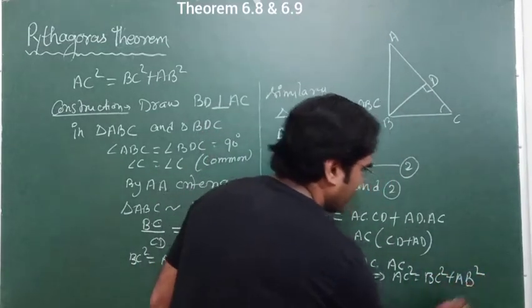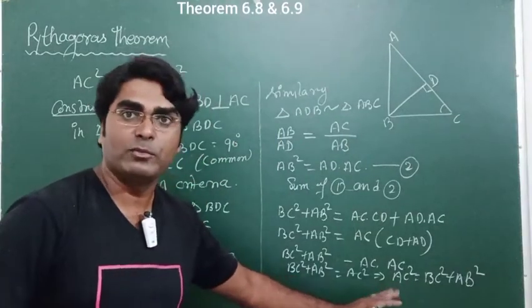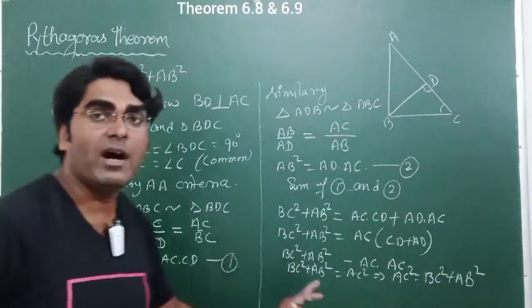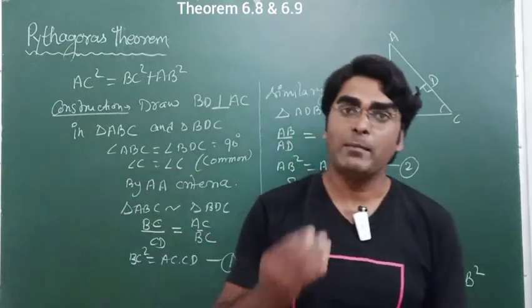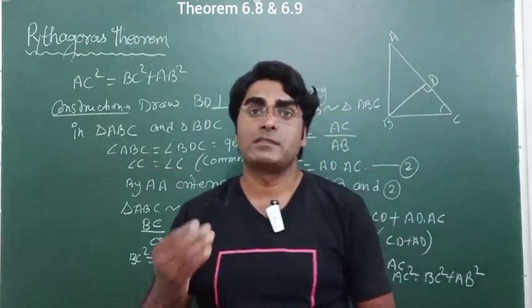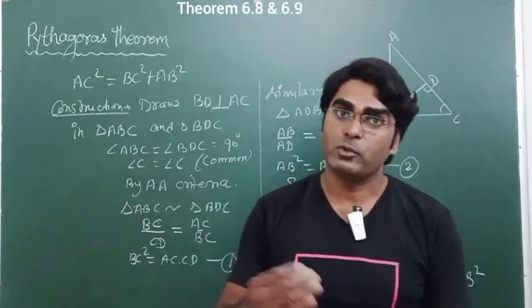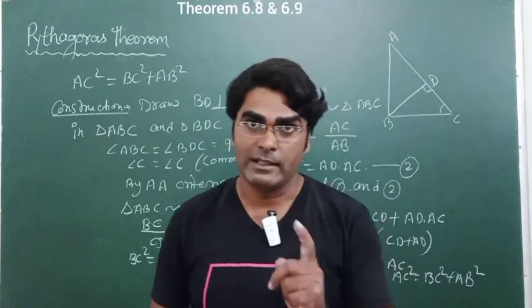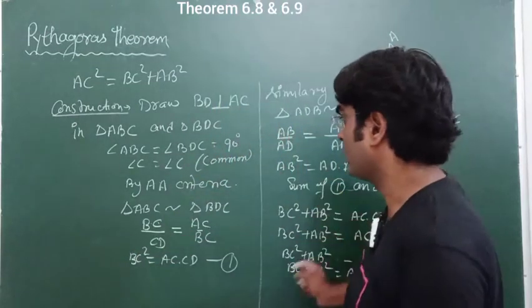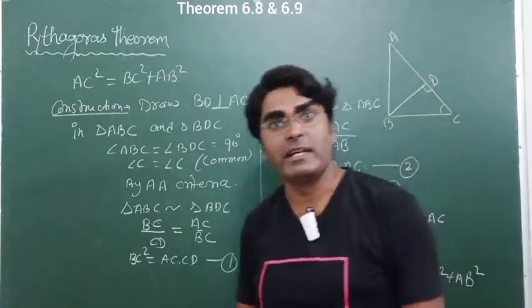So this is the theorem which you just wanted to prove. So now this is the proof of Pythagoras theorem. What is that? The square of hypotenuse is equal to sum of square of other two sides of a right angle triangle. Clear? So this is the theorem according to your syllabus. This is theorem 6.8.